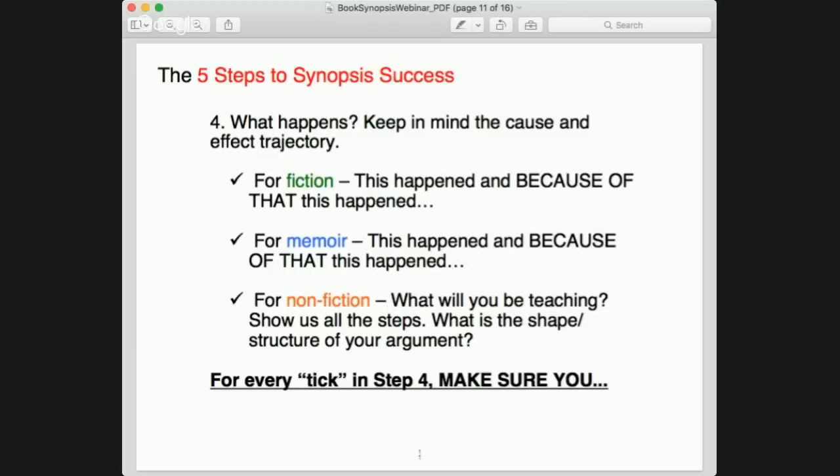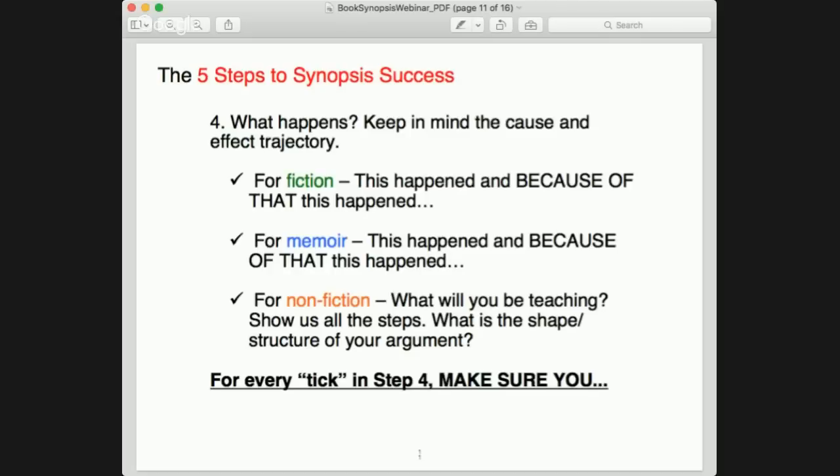Now, in 3 pages, you can only describe the really top level, big picture events. You do not have time to describe every subplot, every minor character, every scene. A lot of people make the mistake in fiction and memoir of thinking that they have to just go scene by scene by scene and describe things. And that doesn't often result in a good synopsis.